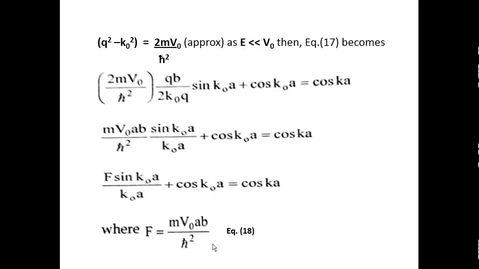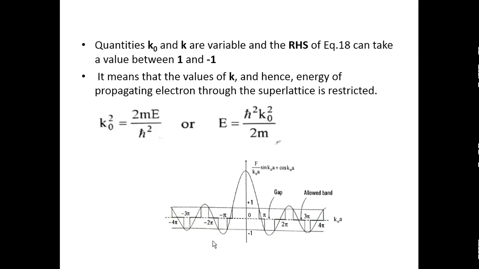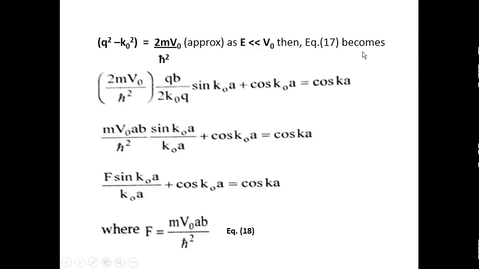Now if you consider the quantities k0 and k, which are variables, the RHS of equation 18 can take a value as cos ka.